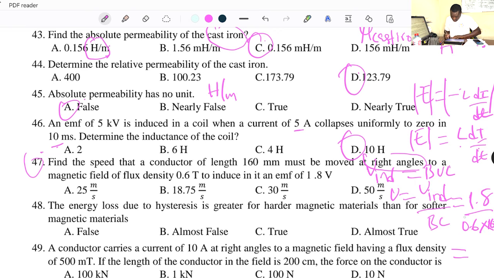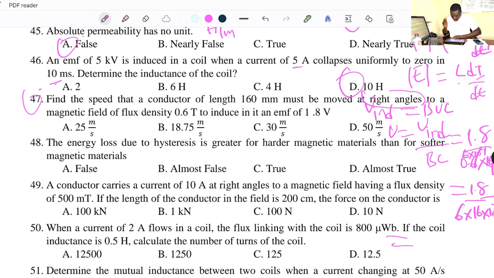Okay, we get 6 times 10 power minus 10, minus 1. So this will go away with this. So I just have 1.8 over 6 times 16 times 10 power minus 3. From this, you bring the 10 raised power minus 3 up, 10 raised power 3.